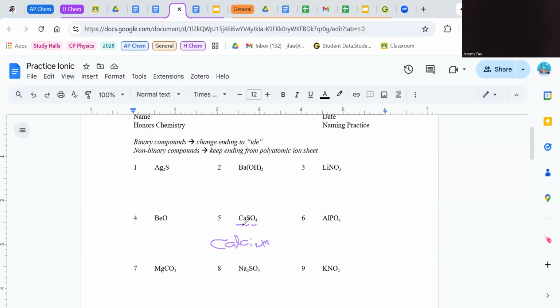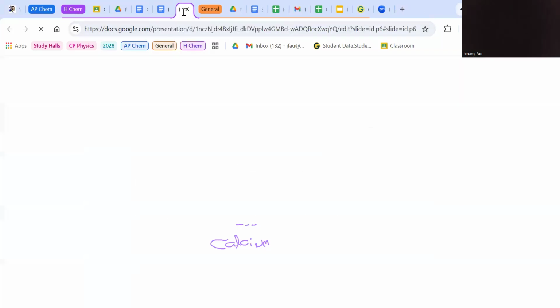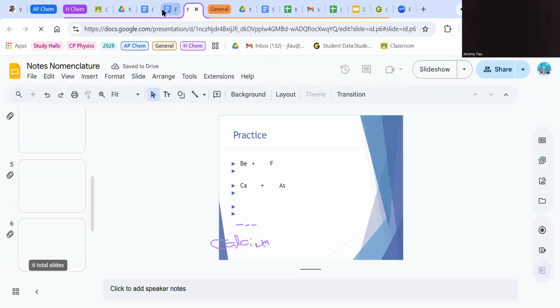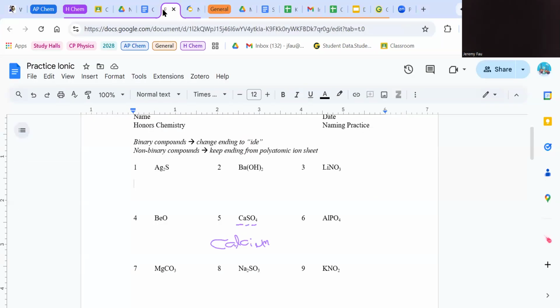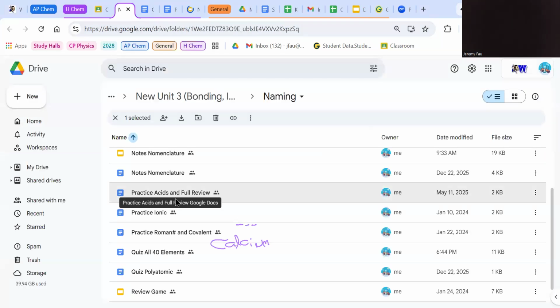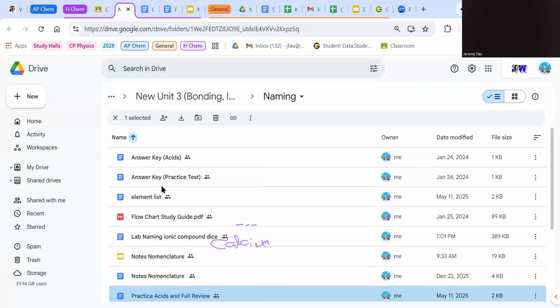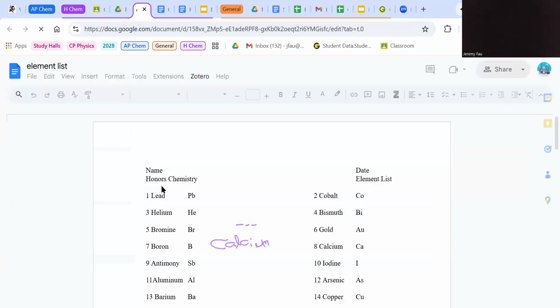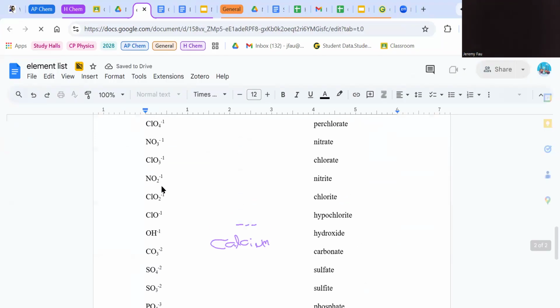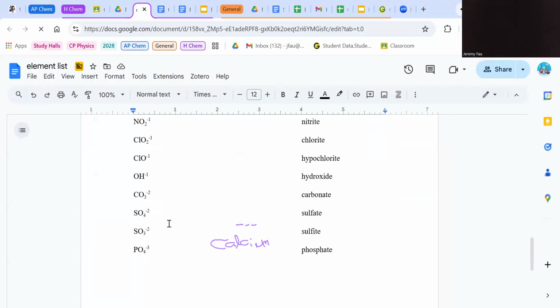And then the polyatomic, we don't do anything to the name. We just name it as it is. So if we look at our polyatomic list, SO4 is sulfate.